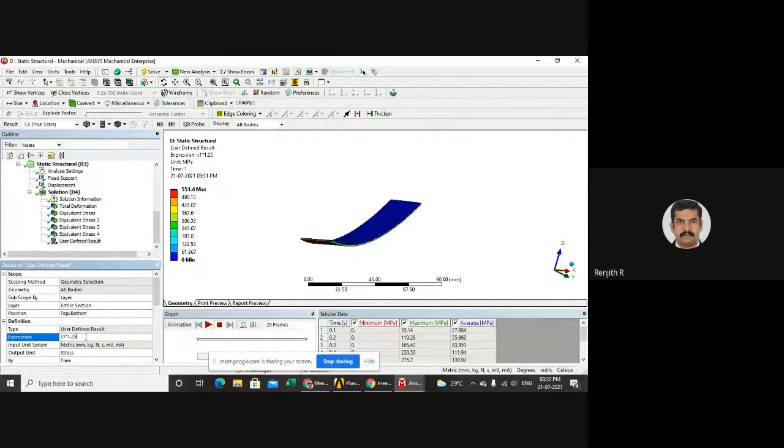That is actually the point after which it will fail, and below that point it is safe. And sigma 2 we will take for the perpendicular direction, that must be lower than the strength in that perpendicular direction. Similarly, the shear stress tau 12 must be less than the shear strength for that particular material.